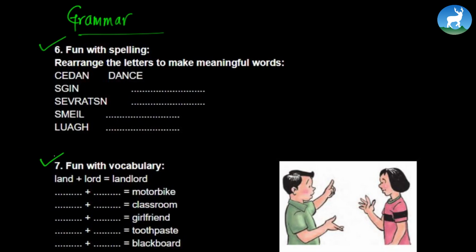Let's look at the first word. It's C-E-D-A-N and it's all jumbled up, and we can change this into D-A-N-C, dance, right? Let's look at the second one. It says S-G-I-N, and can you unjumble it? Sing, right? And this one, what does it look like?